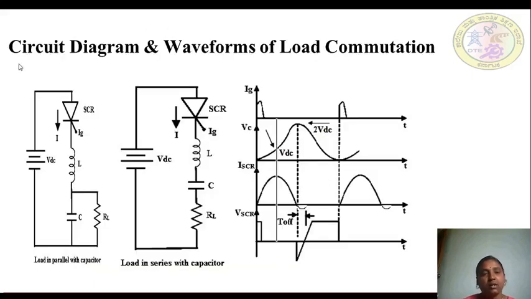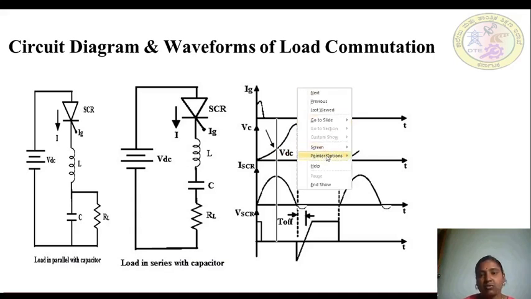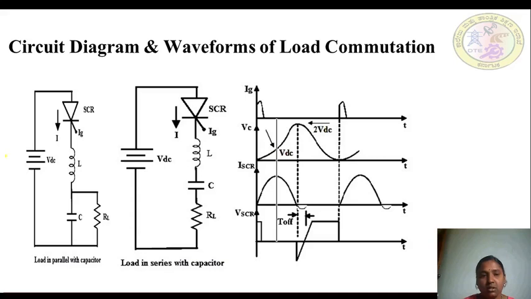So these are some of the circuit diagrams and waveforms of load commutation. This is the circuit diagram that we have seen when the load is connected in parallel with the capacitor, and this is when the load is connected in series with the capacitor.